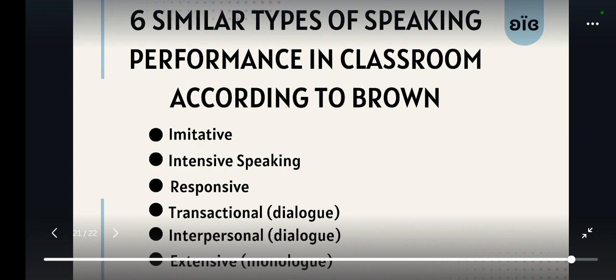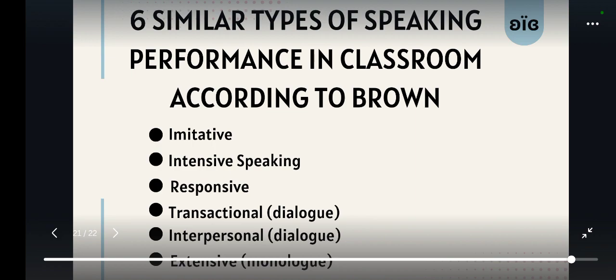It may have more of a negotiation nature to it than responsive speech does. So there could be negotiation, since it's leveling up from responsive, which is a short response, to transactional. Then the next is the interpersonal, which is another form of conversation.